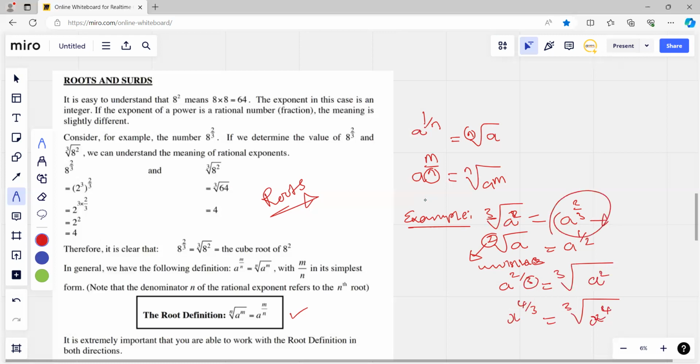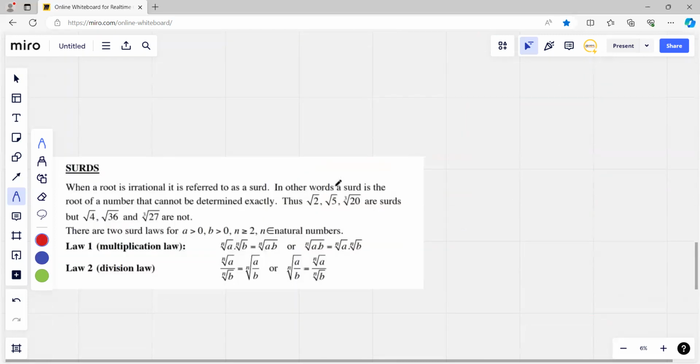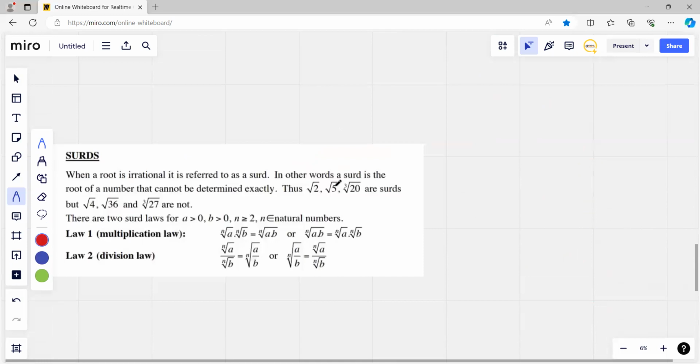So let's look at sets. Let me read through before I go into details about explaining what a set is. What is happening is that when a root is irrational, it is referred to as a set.